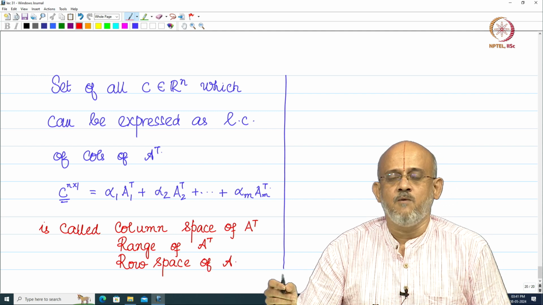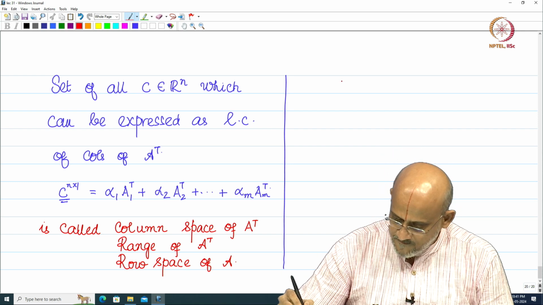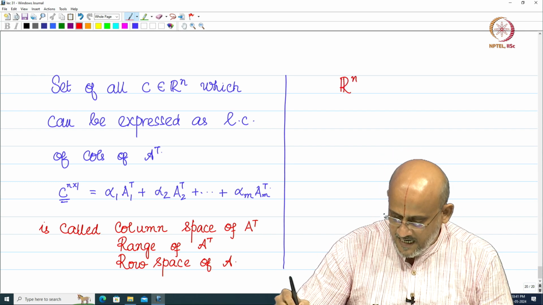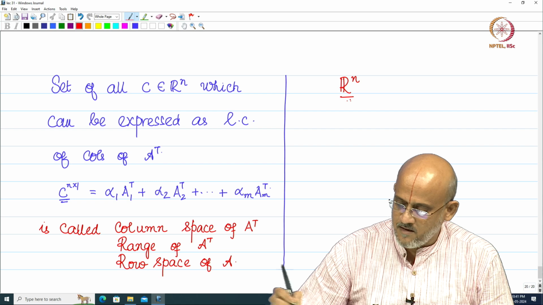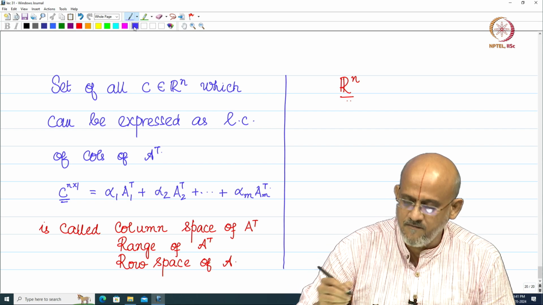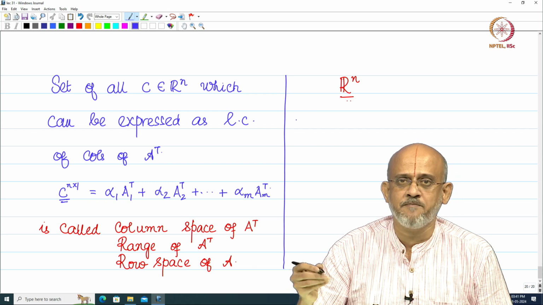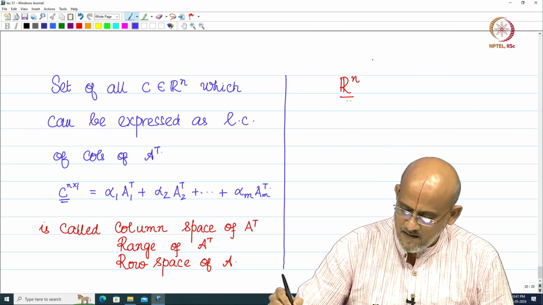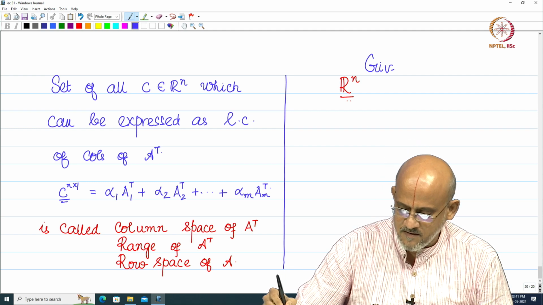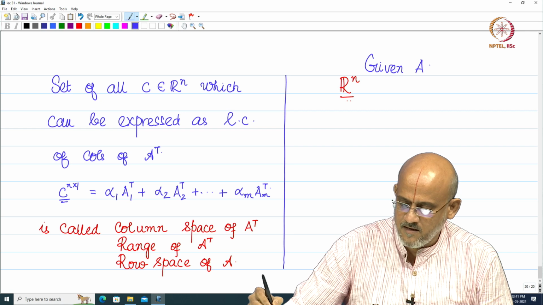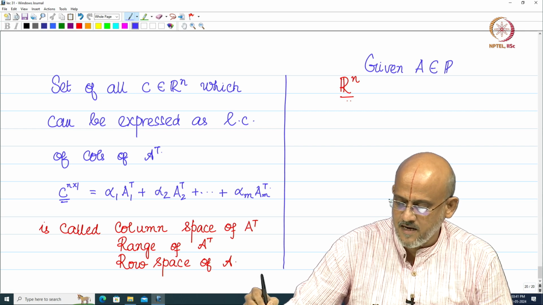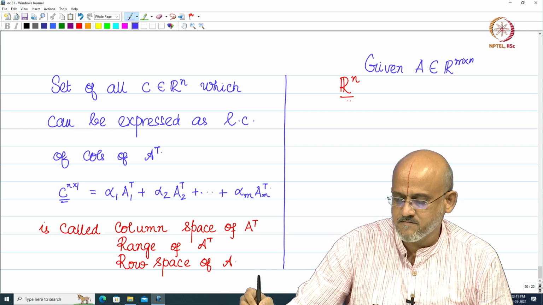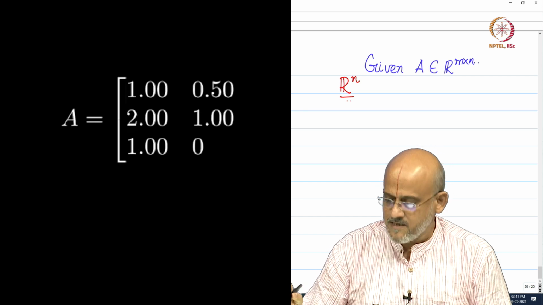So what do we have now? We have Rn. On the Rn side we have two subspaces of the matrix, given A an element of R m by n, that is an m by n matrix.